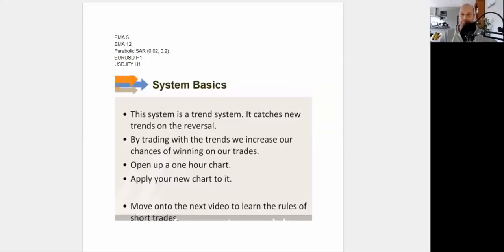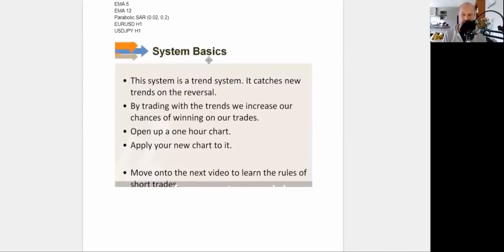Let's get into it. Right, guys, let's have a look at this system that I was talking to you about. It was given to me by a guy called Ulrich. He's basically found it on YouTube, and what I've done is I've taken some snapshots from YouTube and pasted them in here, made some notes. So basically it trades on the Euro US dollar H1 pair, and also they mentioned the UJ in there as well, H1 as well.